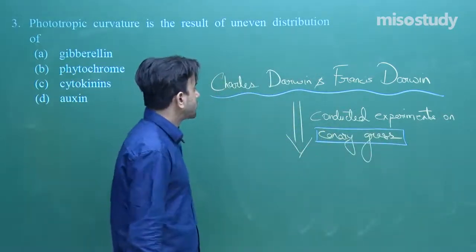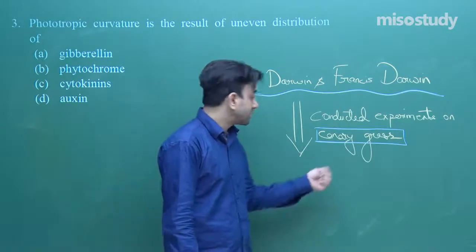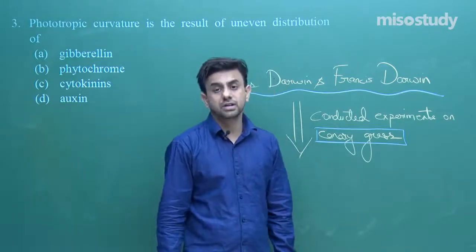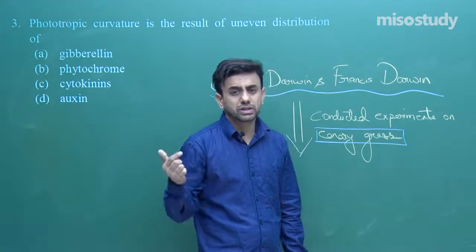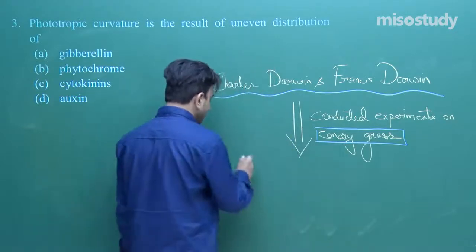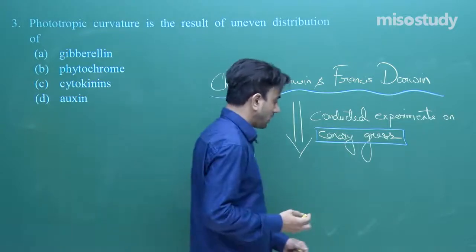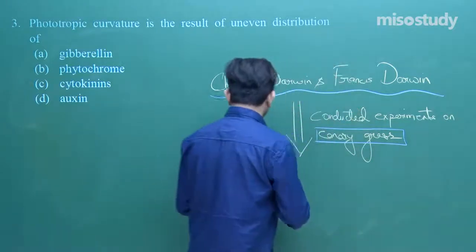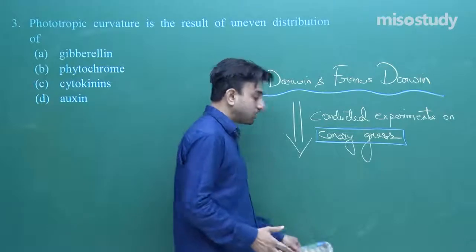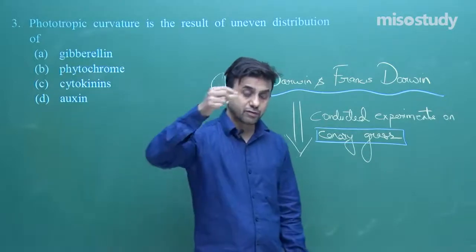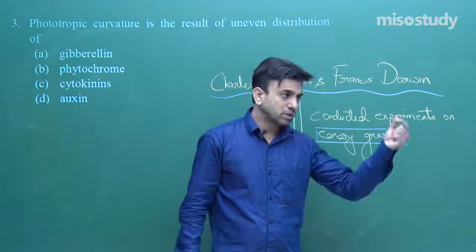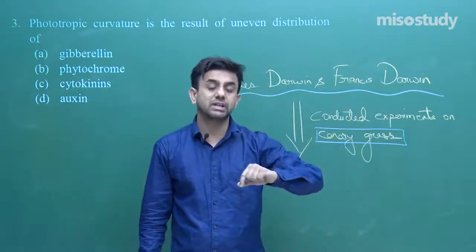They exposed the plant to sunlight from one aspect, and they found that the tip of the plant was moving towards that exposed sunlight.